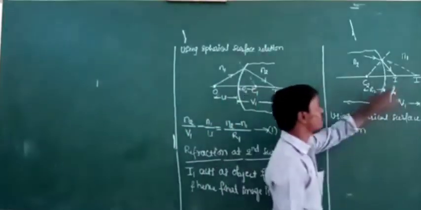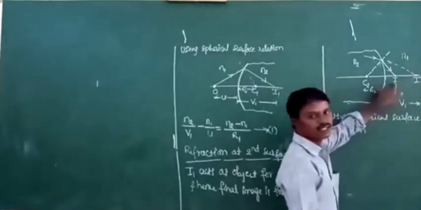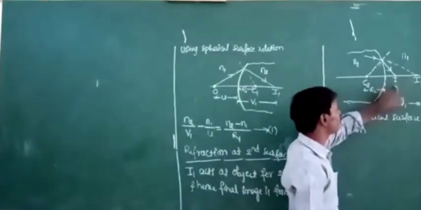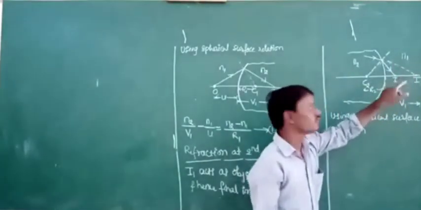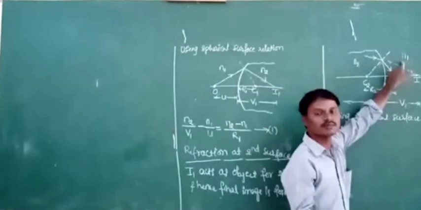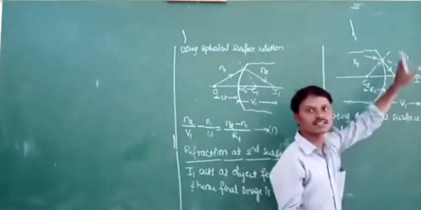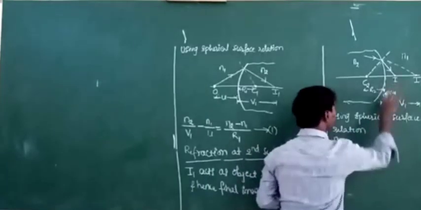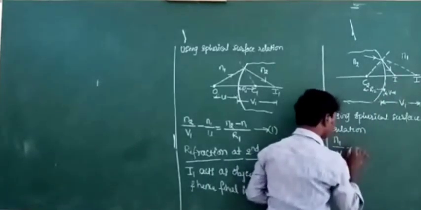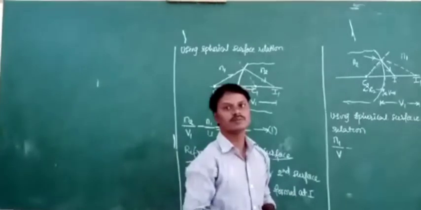Where is the final image formed? Inside the rarer medium. So the image space is the rarer medium, and the refractive index of image space is N1 divided by image distance, that is N1 by V, minus the refractive index of object space.